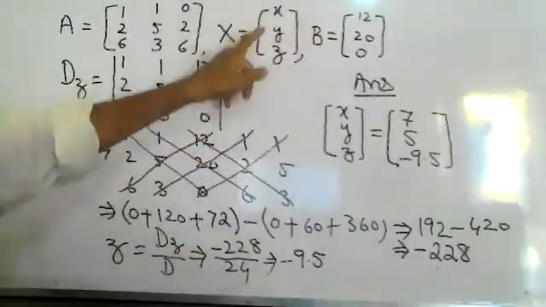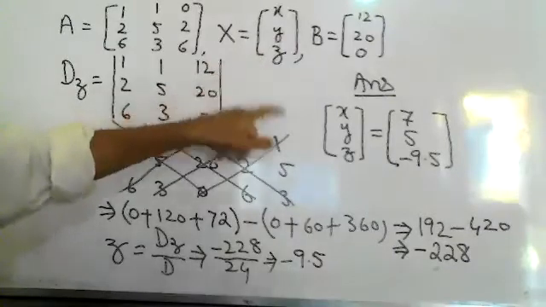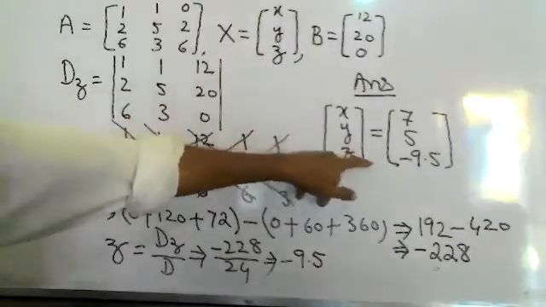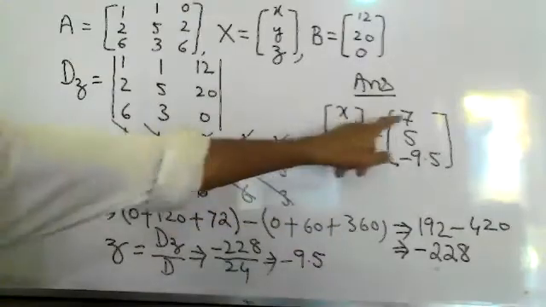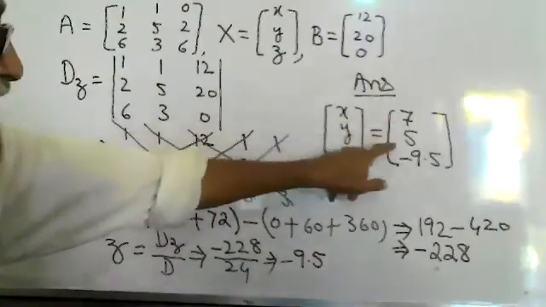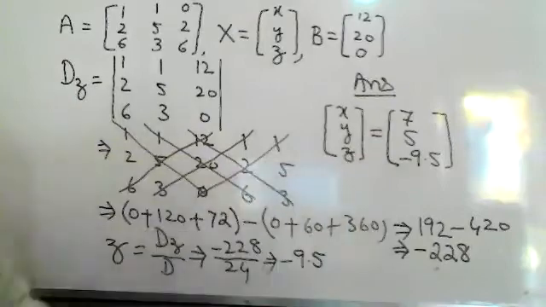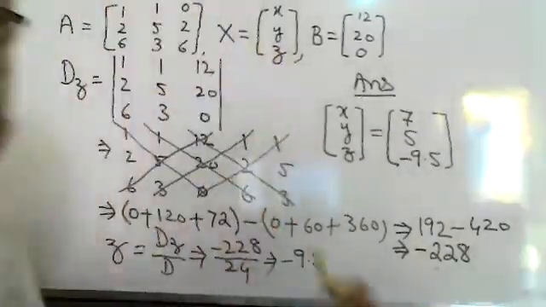Here is the matrix of the variables x, y, z equal to the answer. The value of x was 7, the value of y 5, the value of z is minus 9.5. This is the way to write the answers.